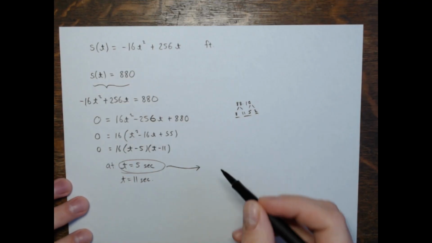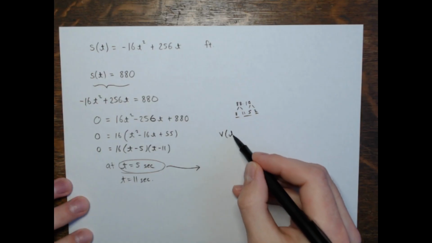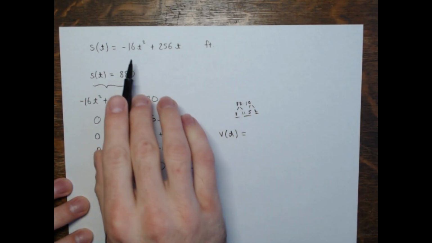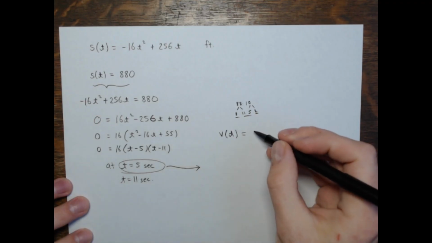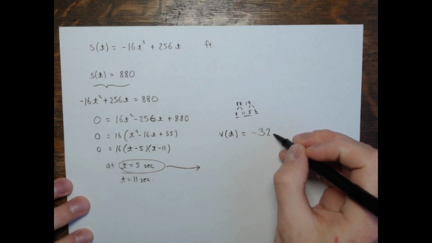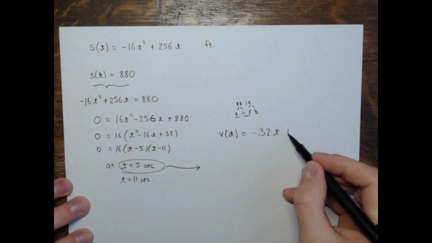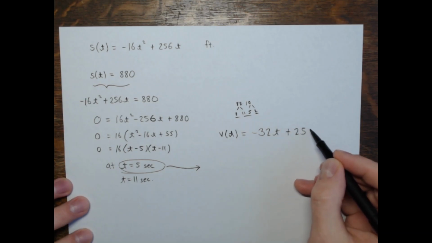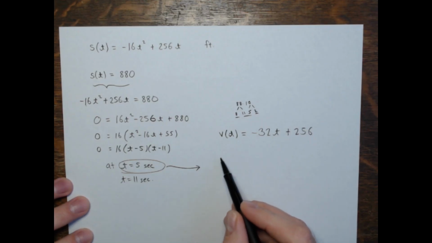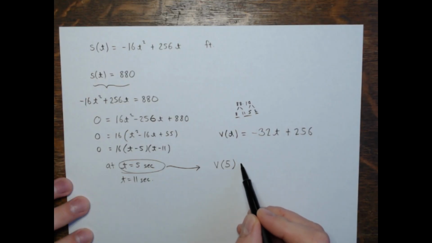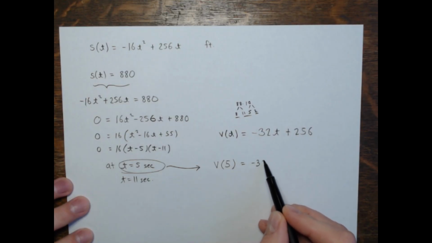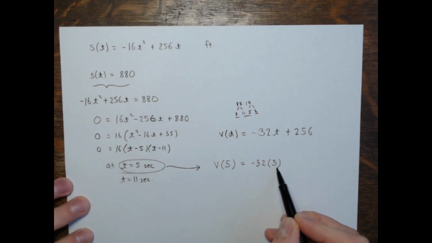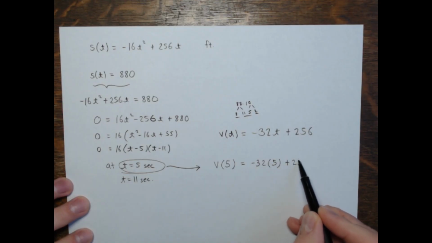All right, so we want the velocity there. Now the velocity at any time, again, is just the derivative. So negative 32t plus 256. And then the velocity of this ball at 5 seconds is negative 32 times 5 plus 256.